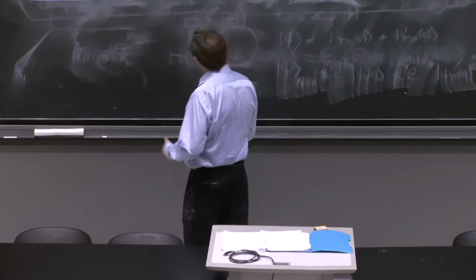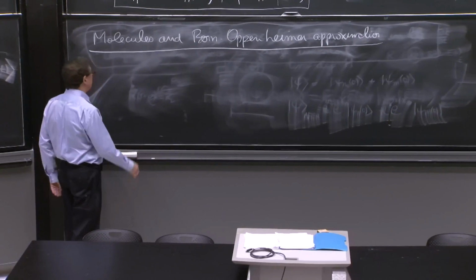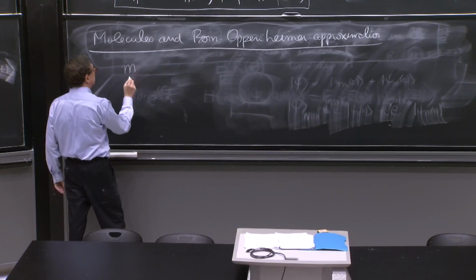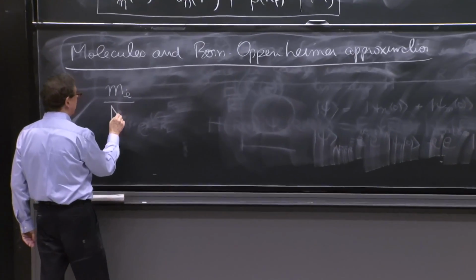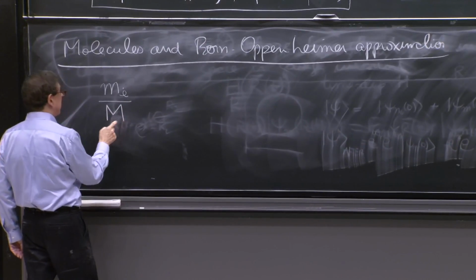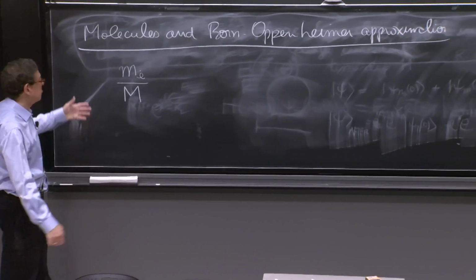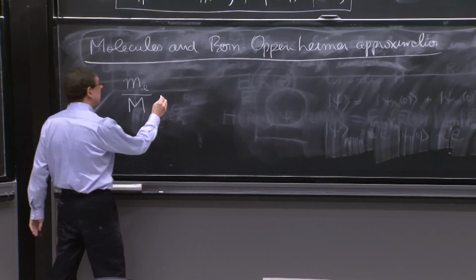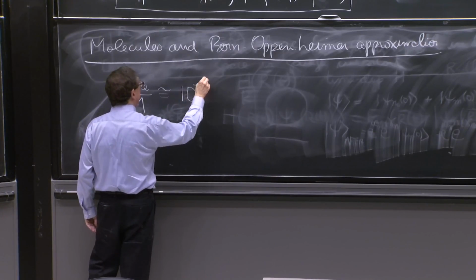There's another thing that helps us, however, which is that there's a nice separation of mass scales. You have the mass little m of the electron and the nuclear mass. This could be the mass of one nucleus or a few nuclei, it doesn't matter, but this ratio is small, and typically is 10 to the minus 4.